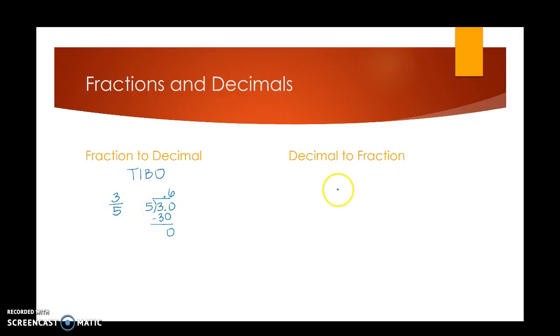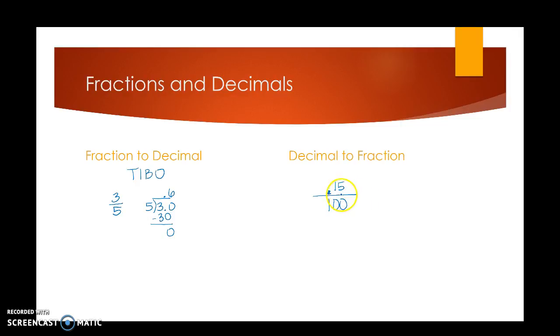Then to go from a decimal to a fraction, so let's say it is 0.15. So you're going to draw a line. You're going to pull a 1 down from your decimal, and that disappears. And then you put zeros in for each number there is on top.